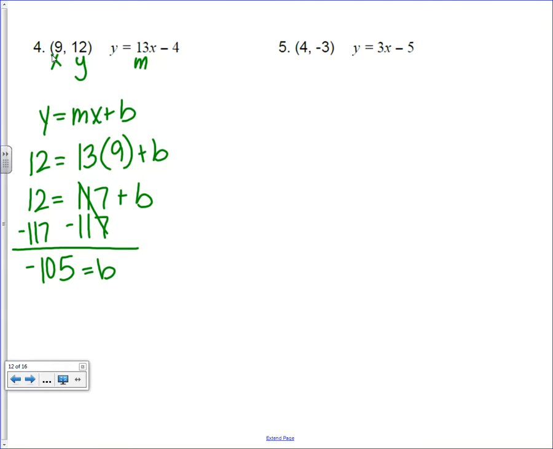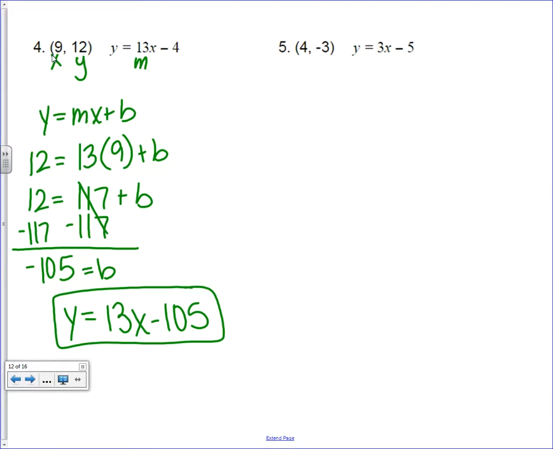All I need left then, Trevor, is a final answer. I'm glad we don't have to graph this one. Where would we have to be starting? -105. And where would we have to be going? No, not down. I'd be going up 13. Isn't this positive? Up 13, right one? Yeah.